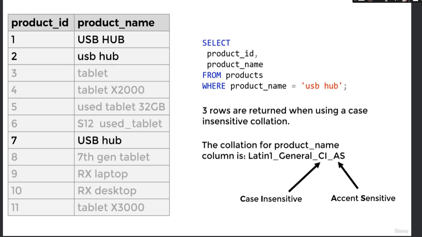Like an A with a mark above it. With an accent sensitive collation, as we have here, an accented A is not the same as a standard A. An accented A is never equal to a standard A.